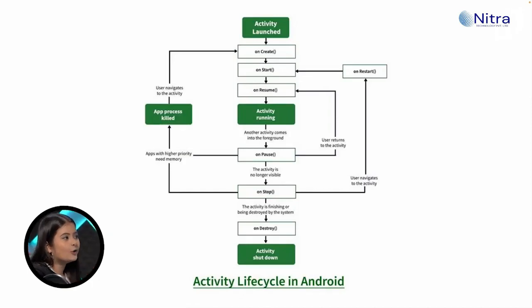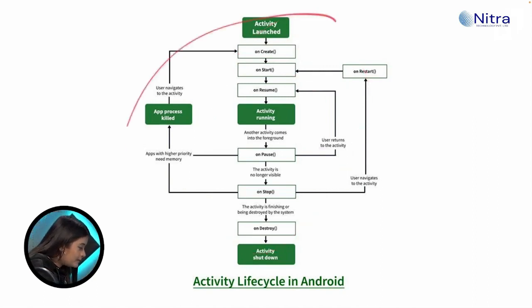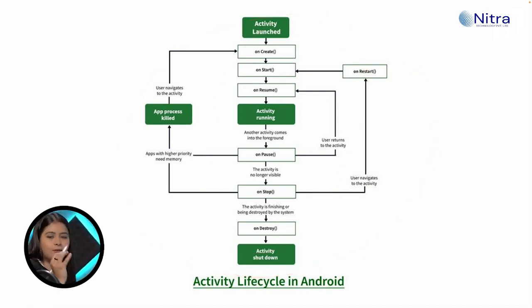This is exactly how your app activity life cycle looks. onCreate is the first method, and then onStart, onResume. When I give you an example of how exactly this is done, it will make things clear. But for now, this is the diagram that you have to keep in mind. And the app activity life cycle is a very, very important topic when you deep dive into the app development domain.